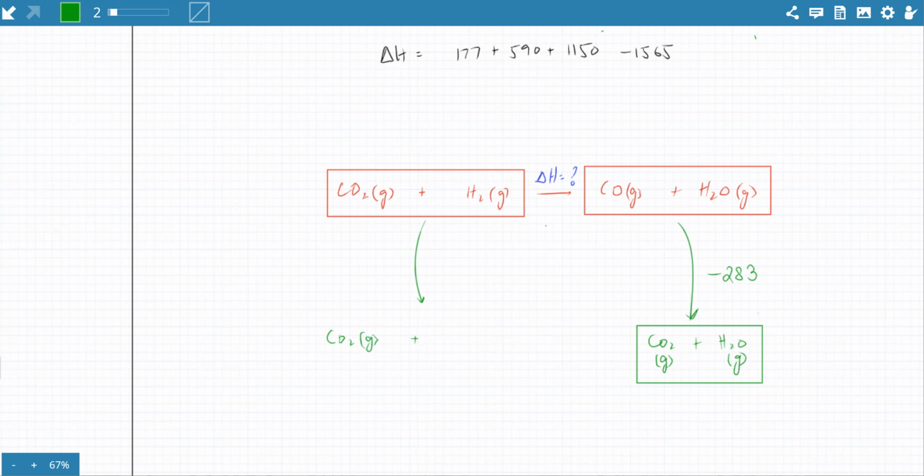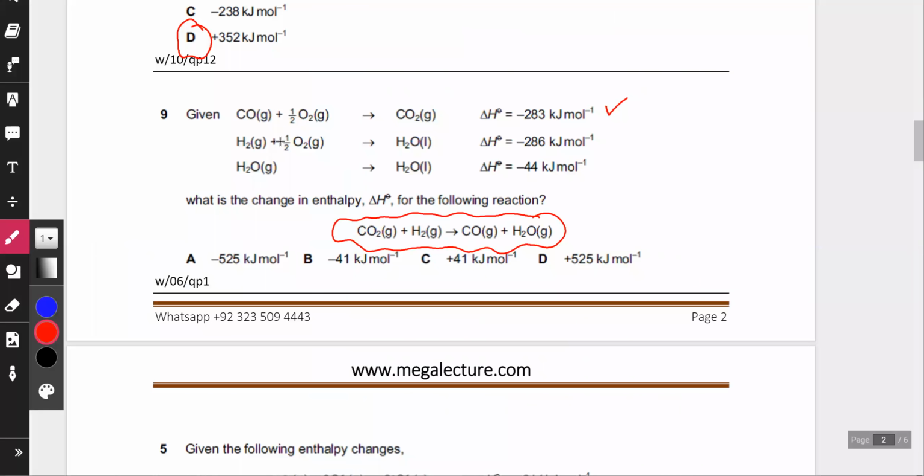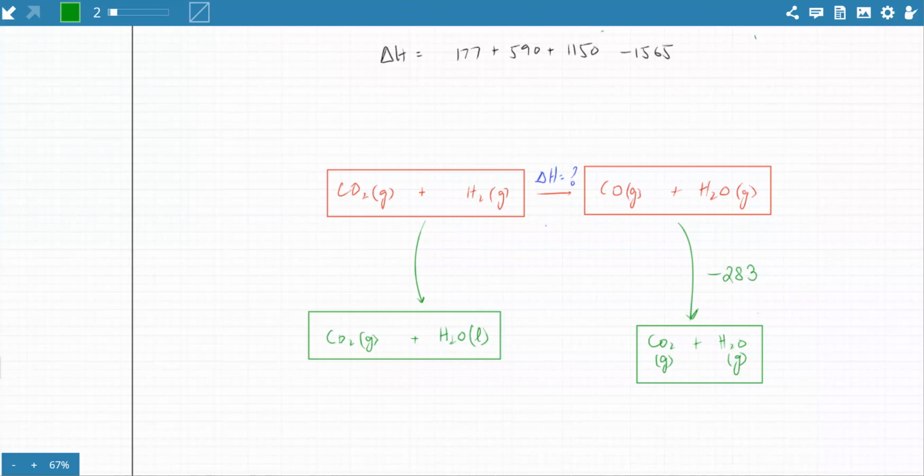But I'm going to convert the H2 into H2O liquid. So the energy that is required for that, H2 into H2O liquid, right? That's minus 286. Is that clear?